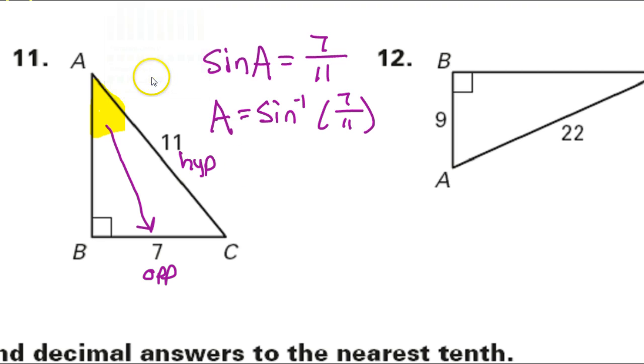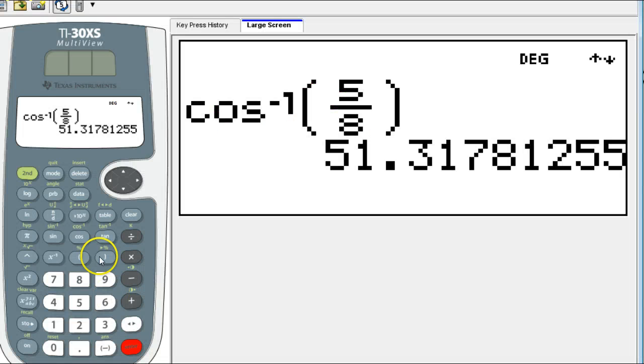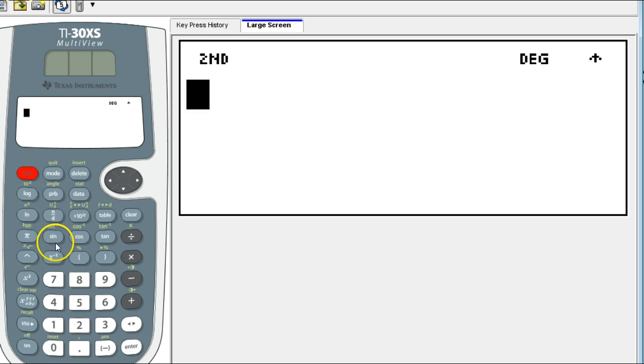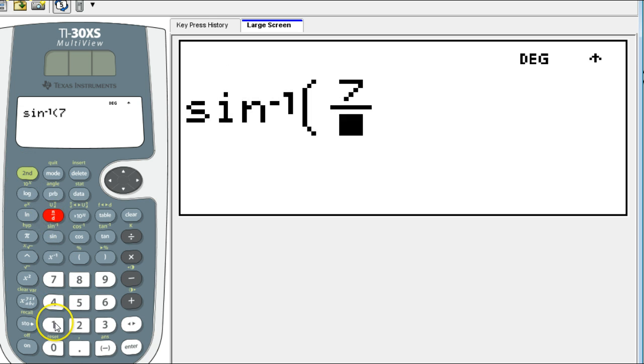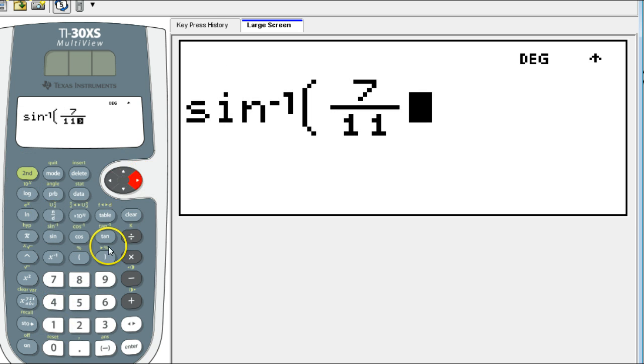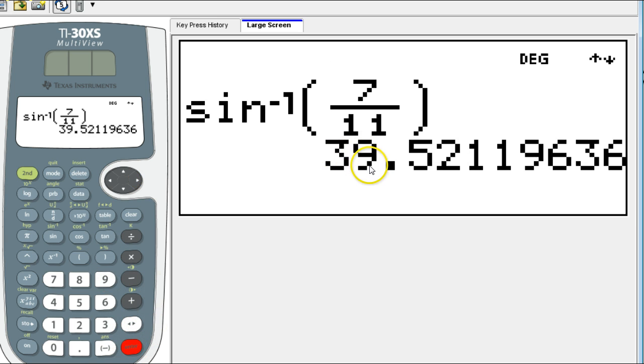Then you can go ahead and write down the answer. Angle A equals, and you can put this in your calculator, inverse sine of 7/11. So I'll hit second sine 7 over 11. So that's 39.5 degrees.